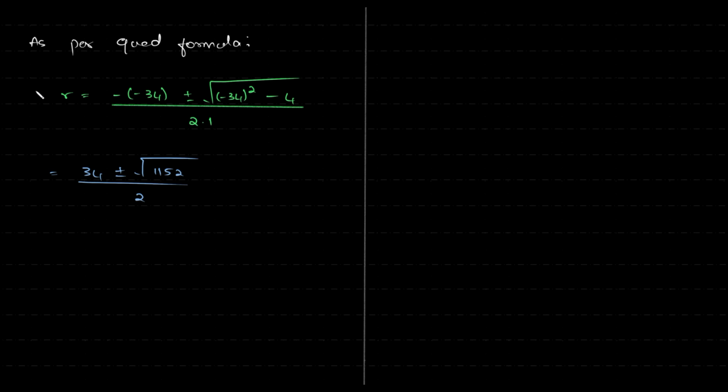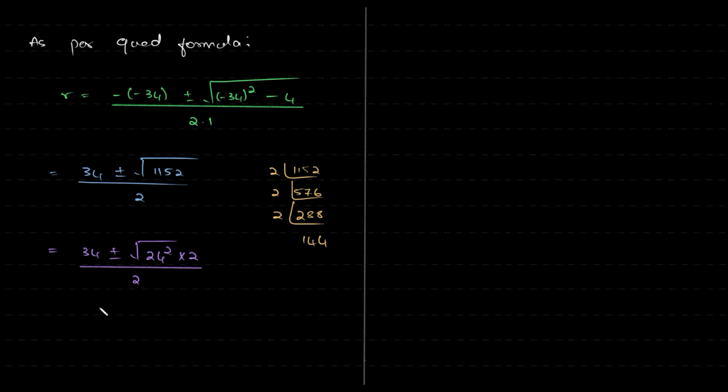So this we have to prime factorize. 1152 is 2 into 576, then 2 into 288, and 2 into 144. This is nothing but 12 square, then 12 into 2 square, that's 24 square into 2, basically. So I'm able to rewrite this as 34 plus or minus square root of 24 square into 2, this entire thing divided by 2.